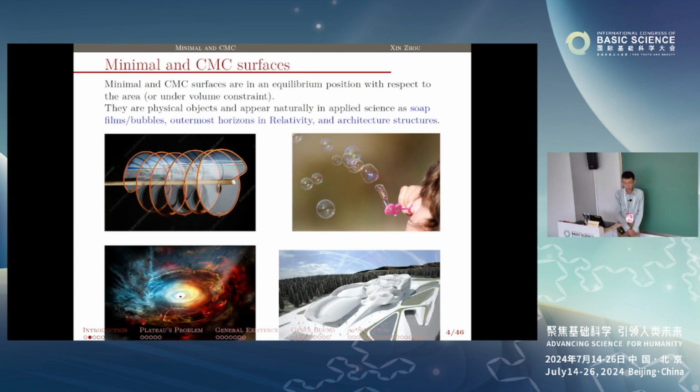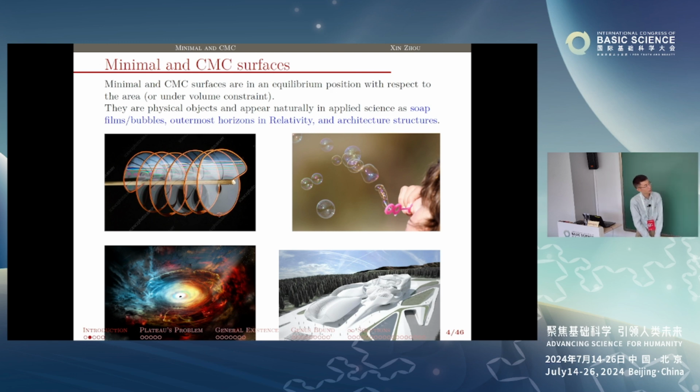We all know that minimal and CMC surfaces are in equilibrium position with respect to the area or under a volume constraint. They are physical and appear naturally in applied science. I took a few pictures online. The first one is soap film, which models minimal surfaces.